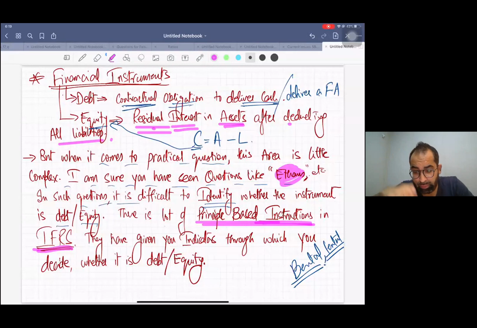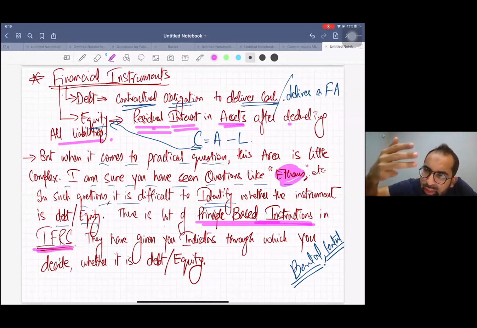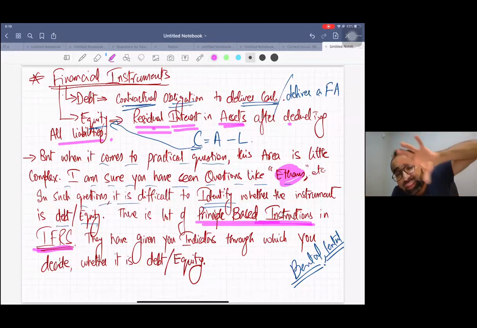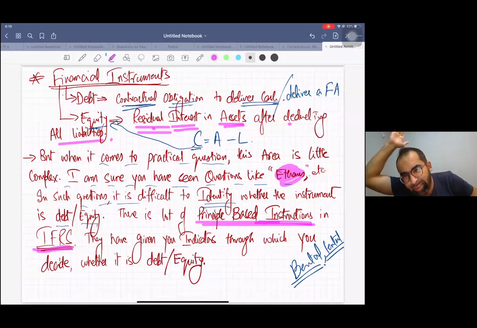And let me tell you, connected to this topic, whenever you answer a question, there are many indicators. You read those indicators and then you say, yes, the major points go towards equity, or the major points go towards debt, and then you write the conclusion. This is the way we write.